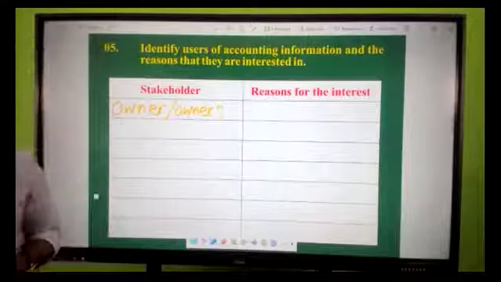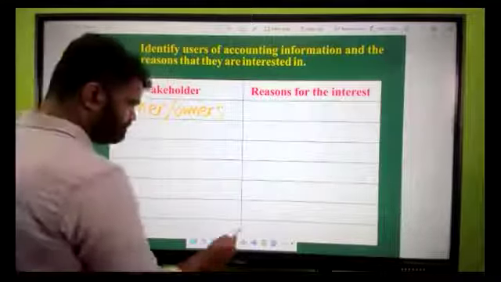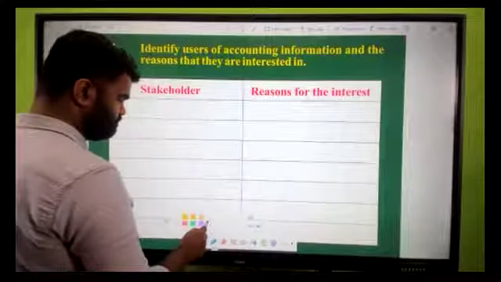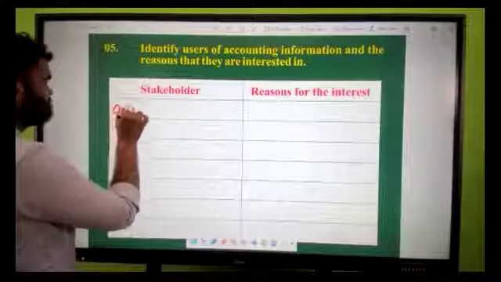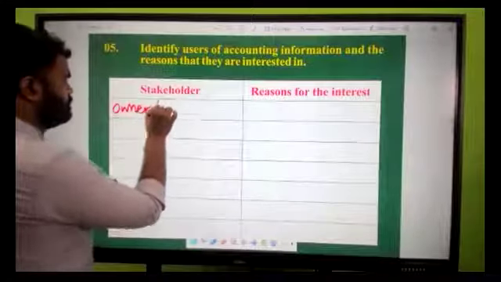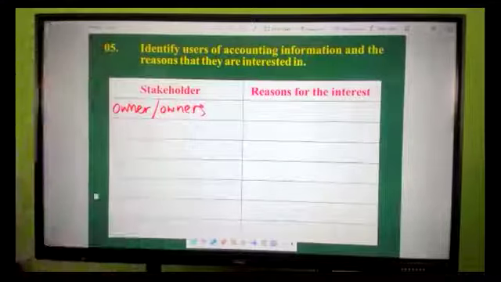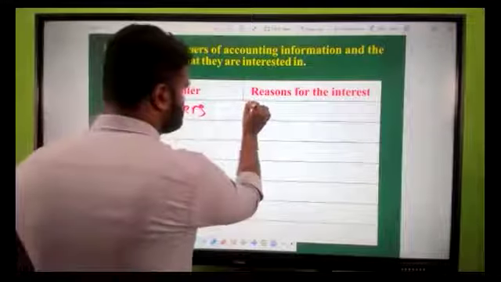If it's a partnership, it's owners. Reasons for the interest. What are the reasons? 2 things are there, so please manage the space.